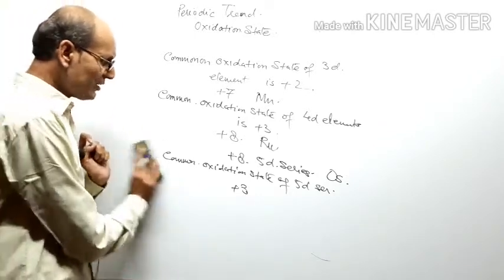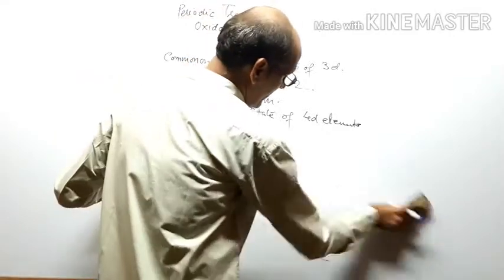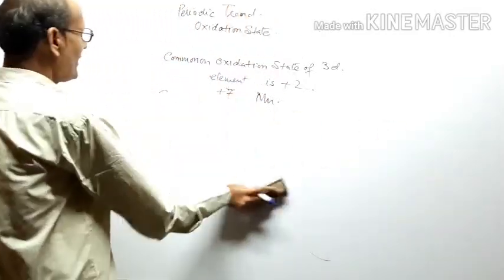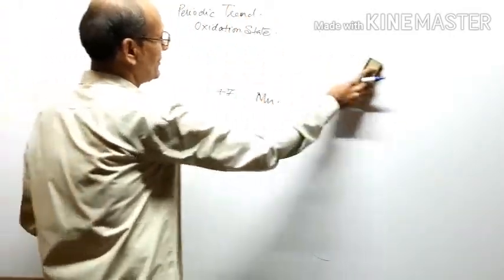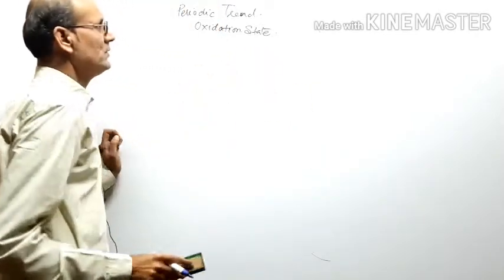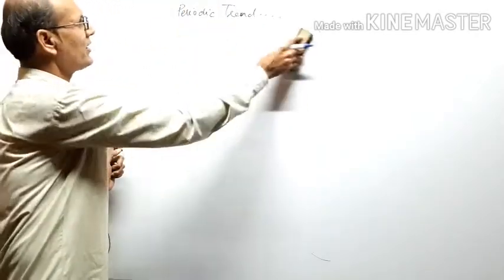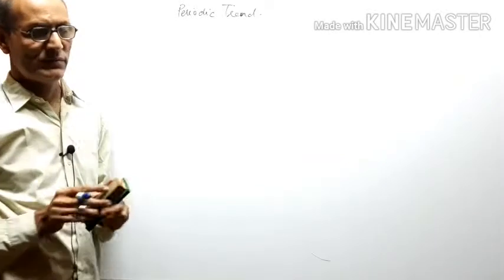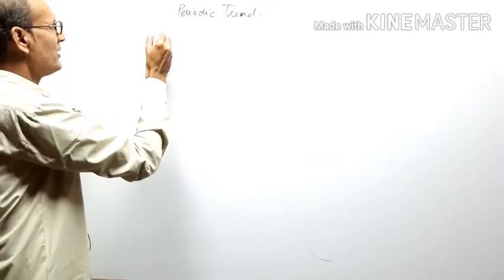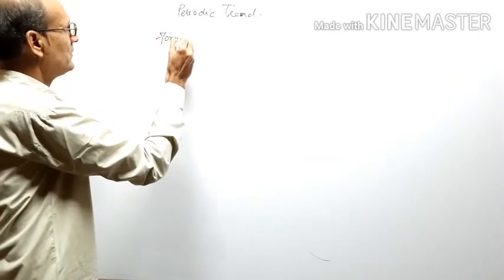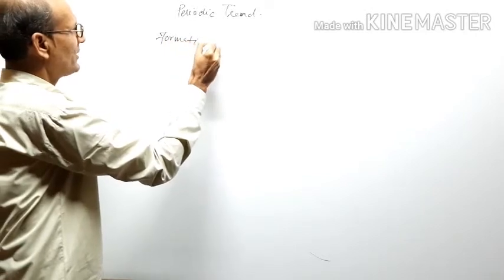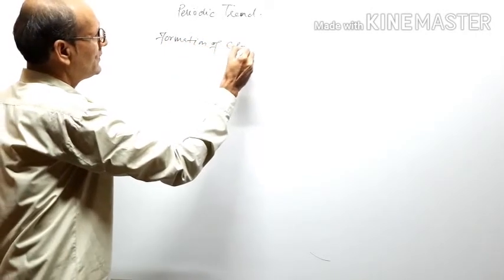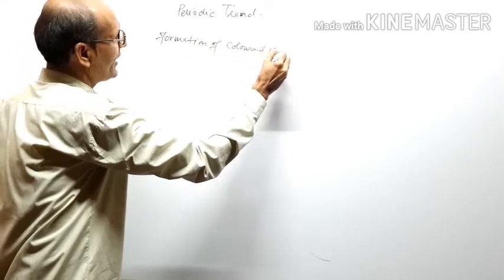Now moving to the next property, that is the formation of colored complexes. Most of the d-block elements form colored ions.